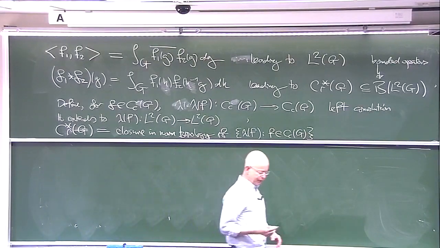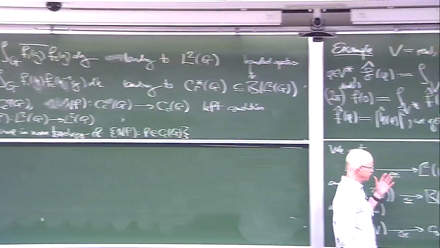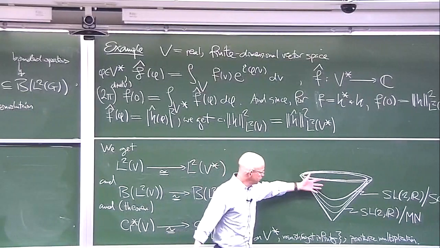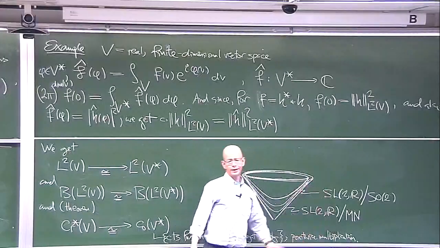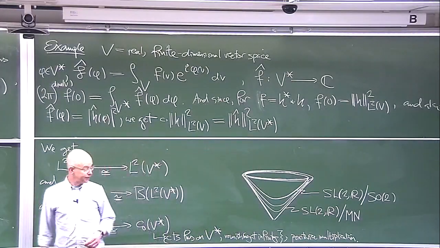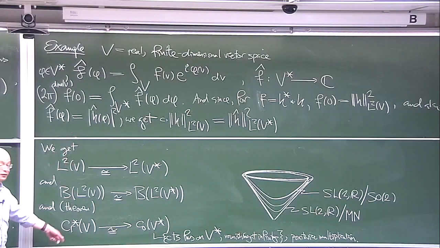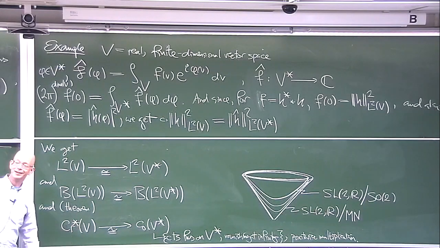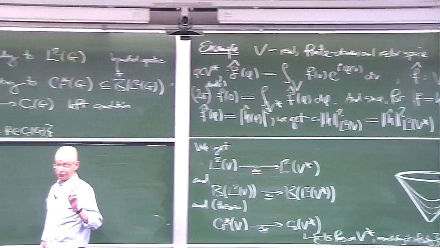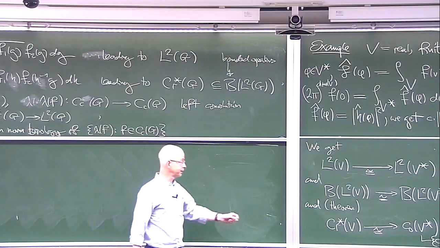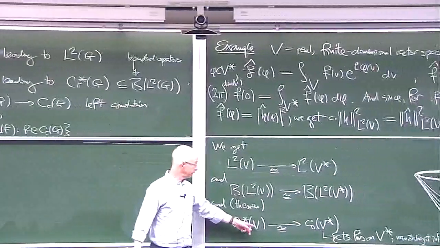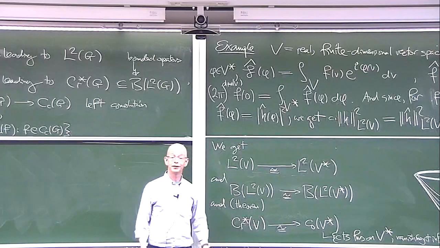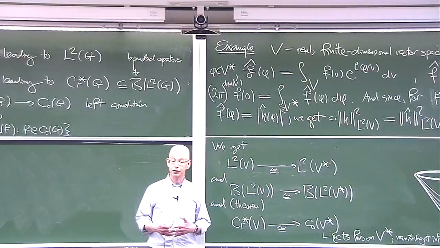In order to give you an idea of what these C star algebras look like and what they're good for in more complicated cases like this, it's not enough to consider this one example. It's a little bit too easy. In fact, it's not enough to consider two examples, but I do want to consider separately the case of a group which is not abelian like this, but which is easy in another respect, namely it's compact.